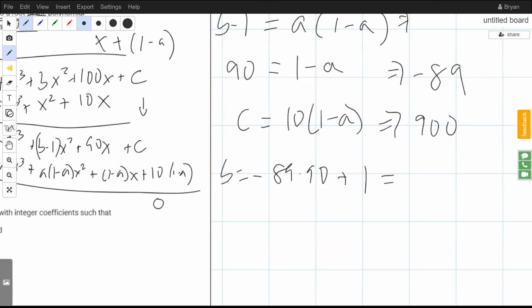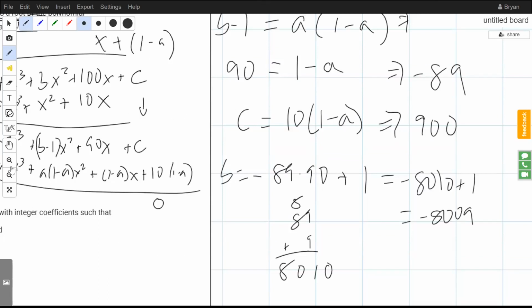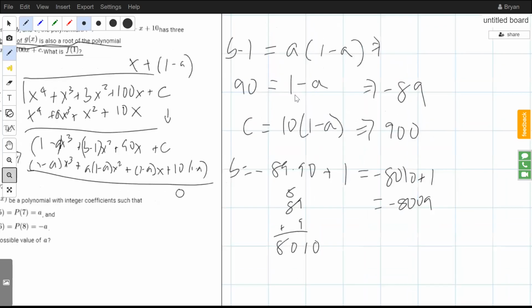Negative 8,010 plus 1, which is equal to negative 8,009, I believe. Right, so that's great and all. So we know what a, b, and c are, right? Negative 89, negative 8,009, 900.